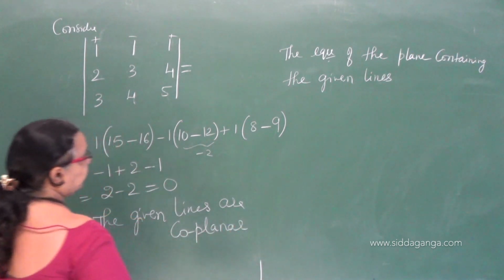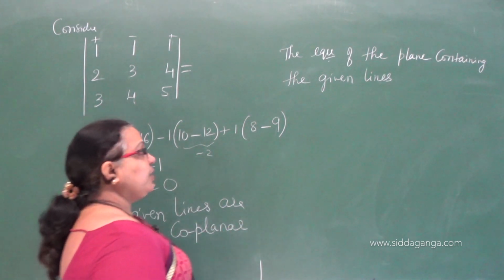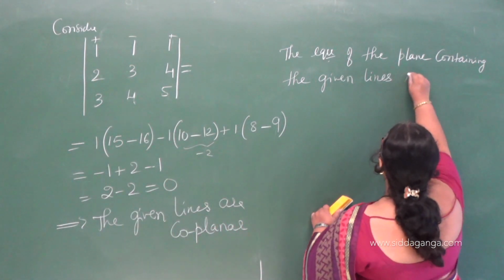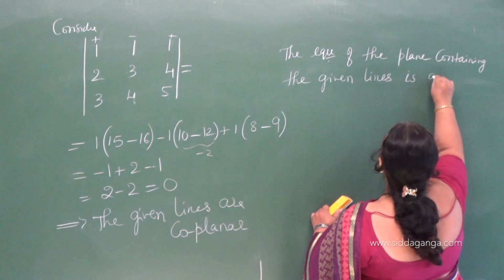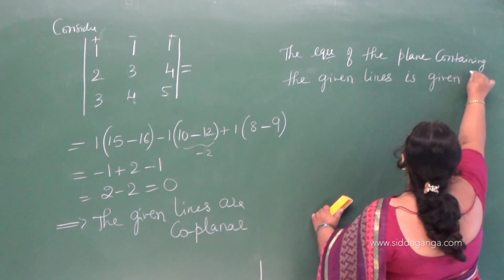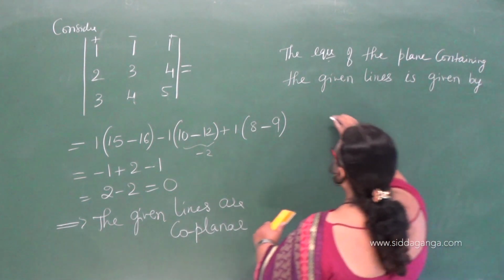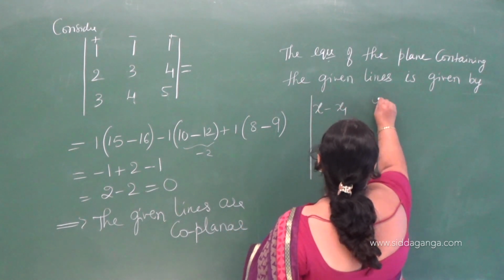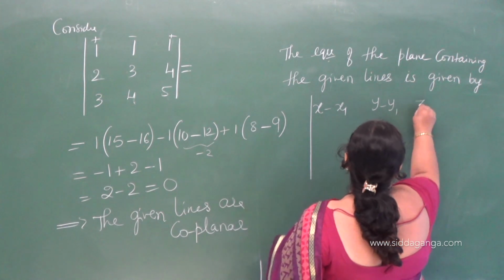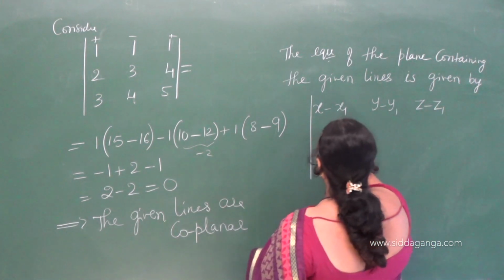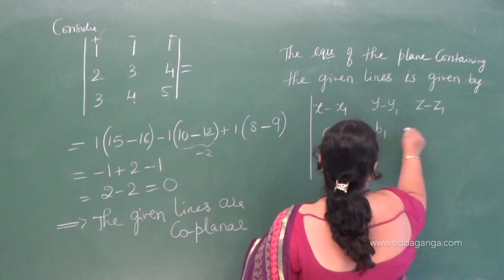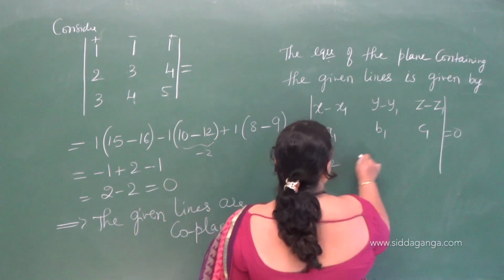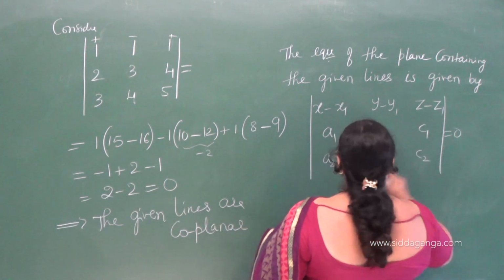Now the equation of the plane containing the given lines is given by the determinant x minus x1, y minus y1, z minus z1, a1 b1 c1, next a2 b2 c2.